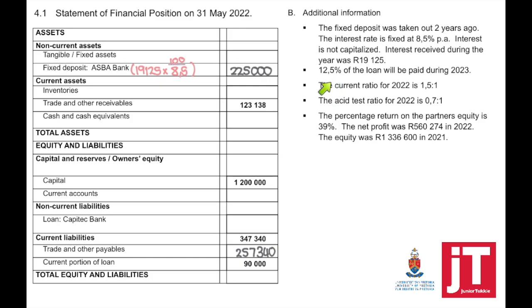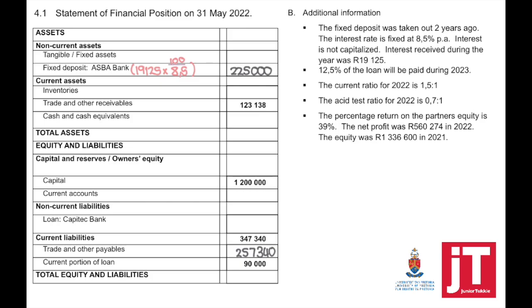In the next bullet, 12.5% of the loan will be paid during 2023. Now remember, whatever we're going to pay in the next financial year is always subtracted from your non-current liabilities, and it's taken to your current liabilities as current portion of loan.